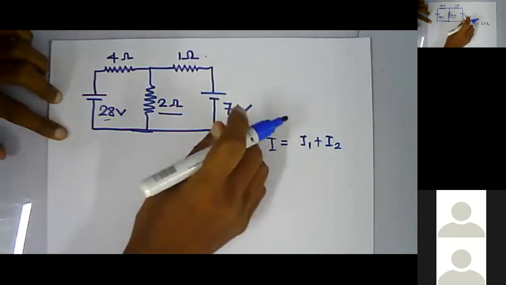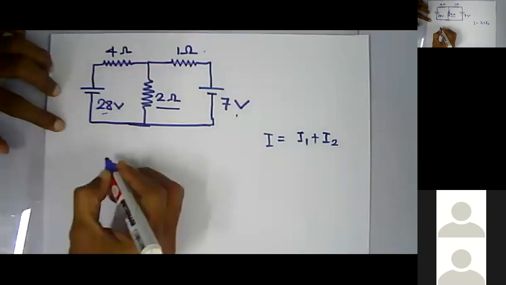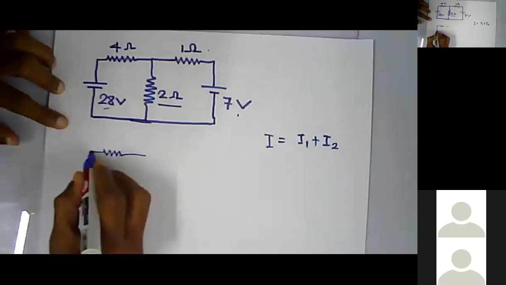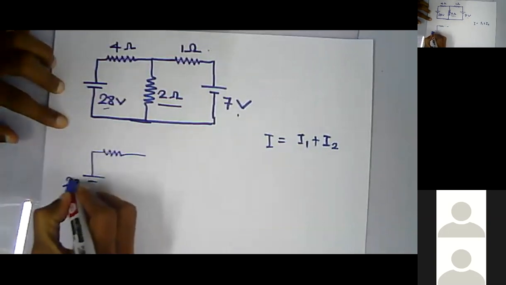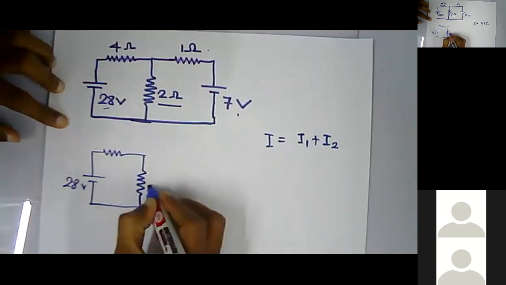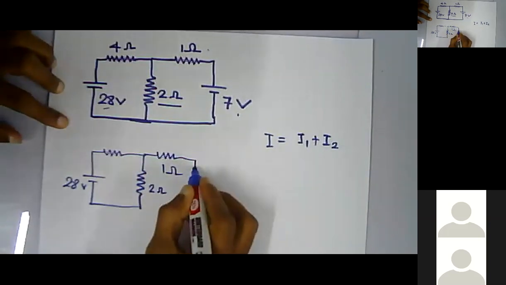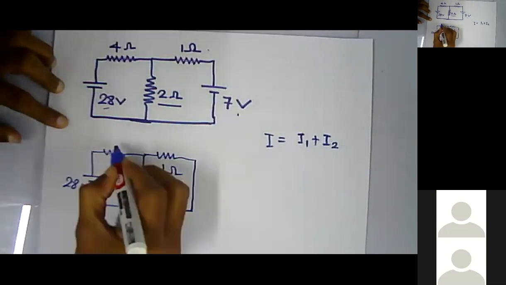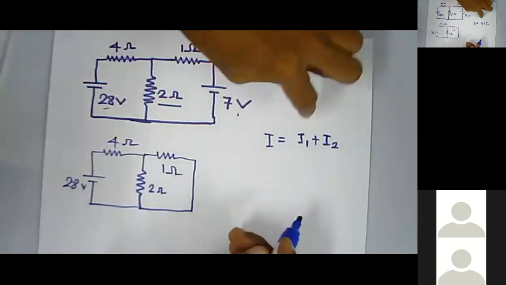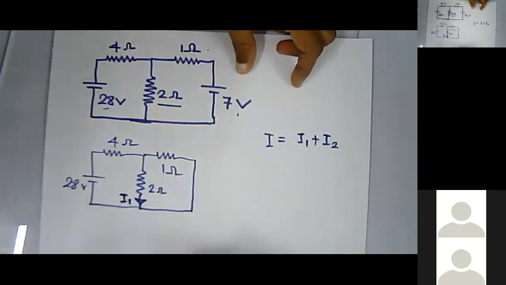First step, we'll short circuit this 7 volt battery, hence the circuit can be redrawn something like this: 28 volt, 2 ohm and 1 ohm resistance, this will be short circuit, and 4 ohm. First we'll calculate I1, which is this current.